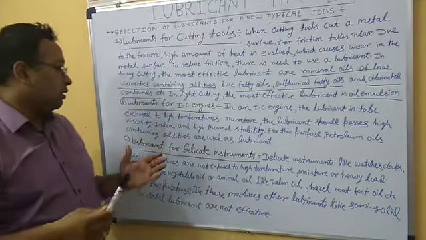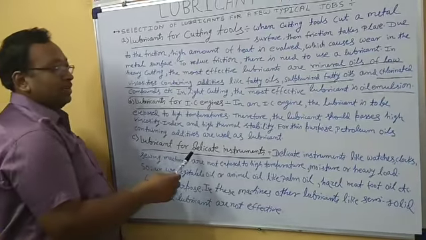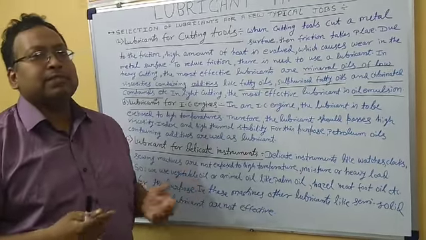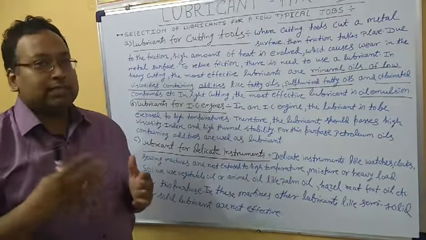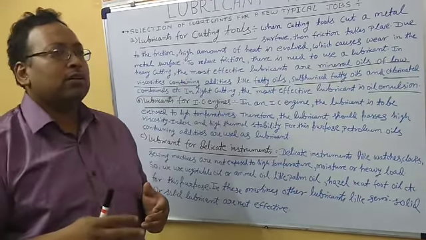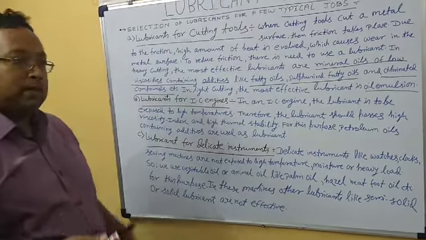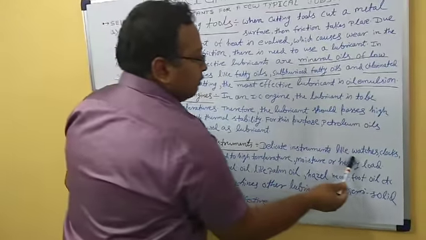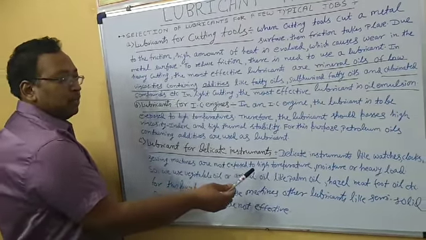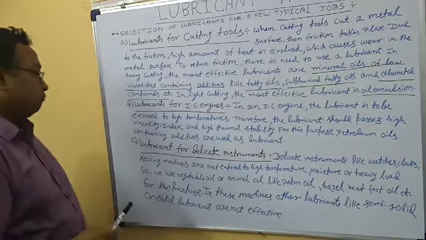So now we reach the last segment of today's discussion, that is lubricant for delicate instruments. If an instrument is delicate, it is not facing high temperature, high pressure, or other environmental features. Delicate instruments like watches, clocks, and sewing machines are not exposed to high temperature, moisture, or heavy load.